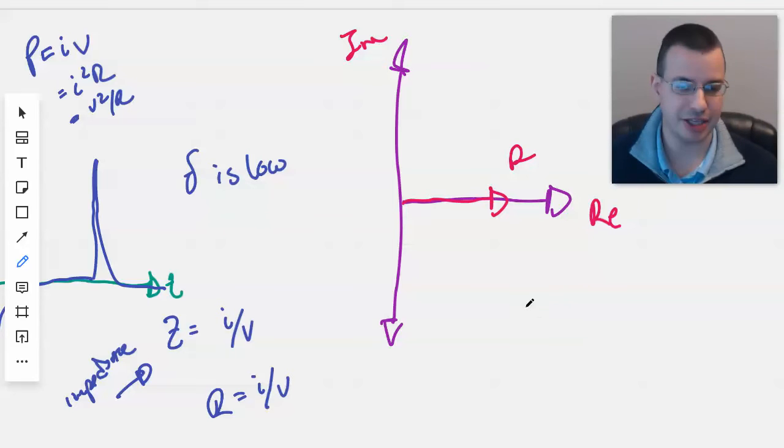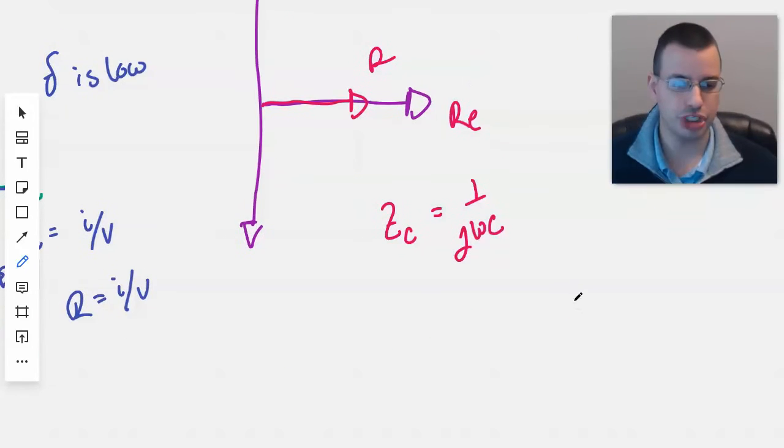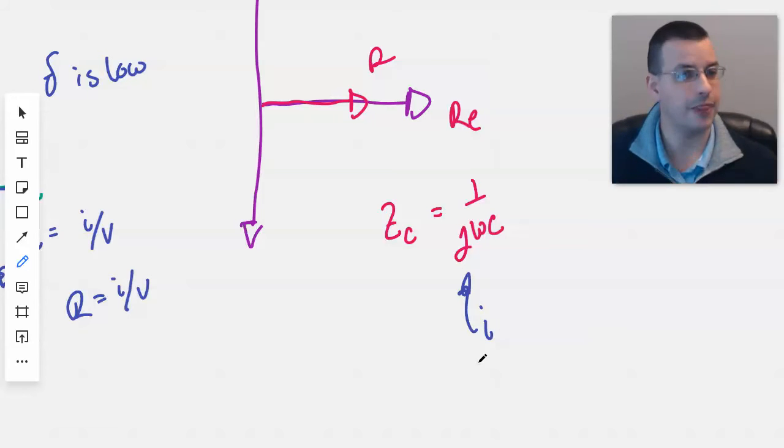Impedance for a capacitor, I'm going to do Z, C, Z for impedance, C for capacitance, is modeled as 1 over j omega C. So j here, it's the same as i for your imaginary number. So j is the imaginary number.